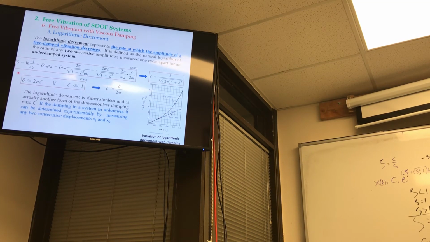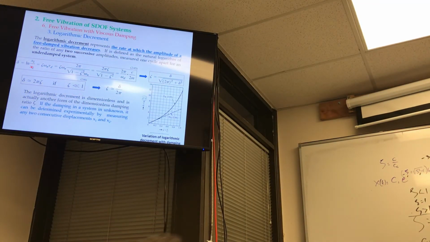If you work out the math, you will find that between two consecutive cycles, maybe in the first one you have an amplitude x1, then it goes to amplitude x2. If you take the log of x1 over x2, you will find what we call the logarithmic decrement.